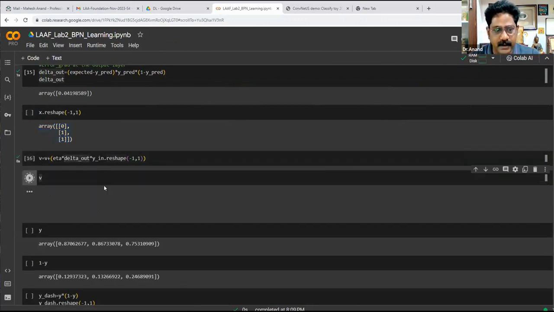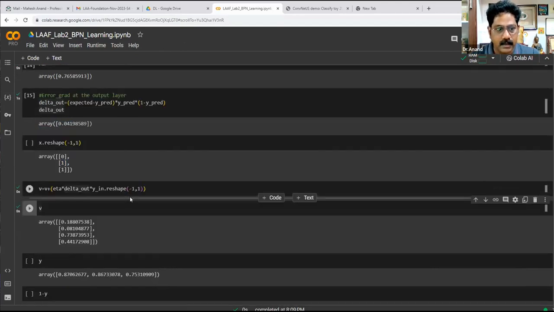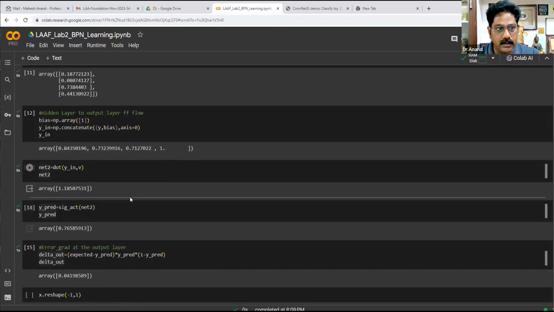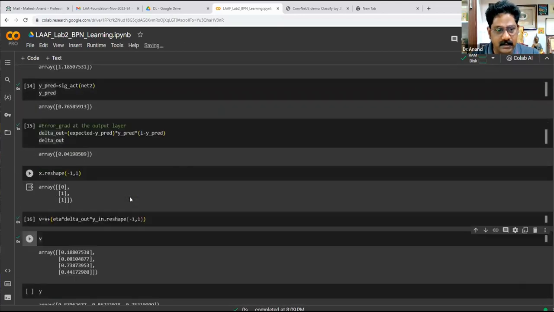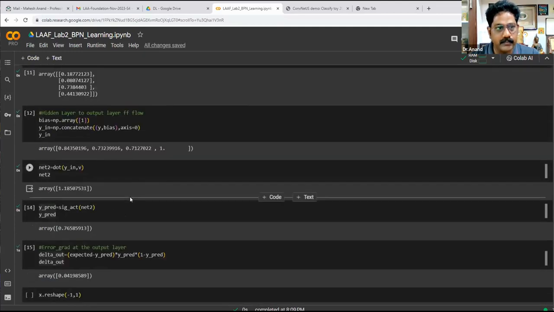So we got updated. This is the updated V matrix. Out of curiosity, to know what was the earlier: 0.1880. The third and fourth decimal places change. It is a very slow change in the weight, right?